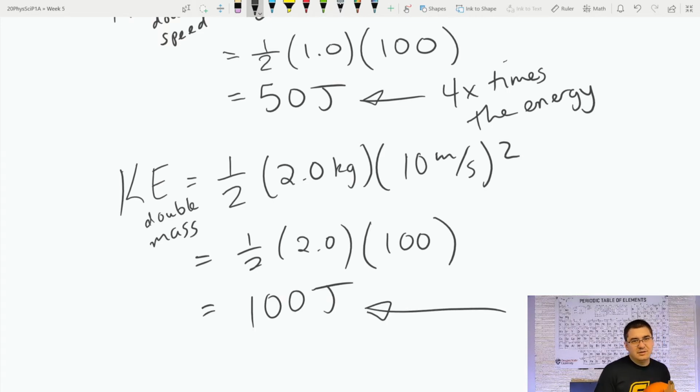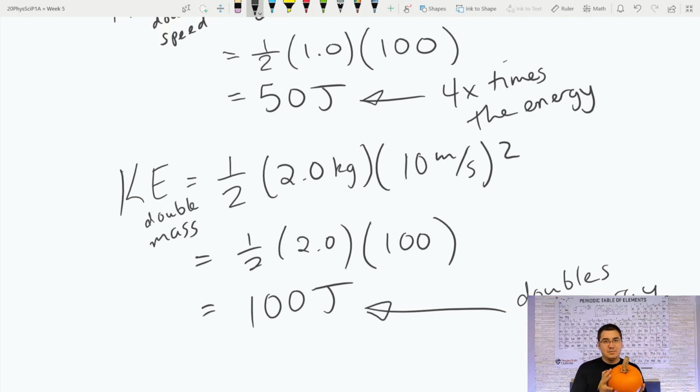Okay, so doubling the mass, going from here to here, this time doubles. If you compare it to the 50 joules, it doubles the energy. So mass is important, but it doesn't change the kinetic energy as much as the effect of the velocity would.